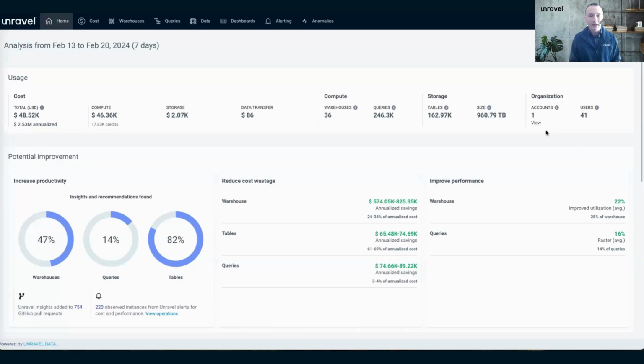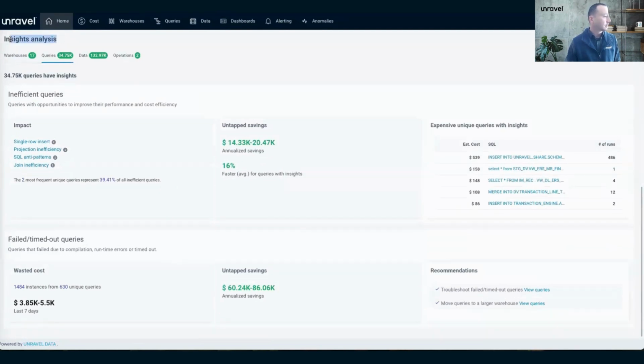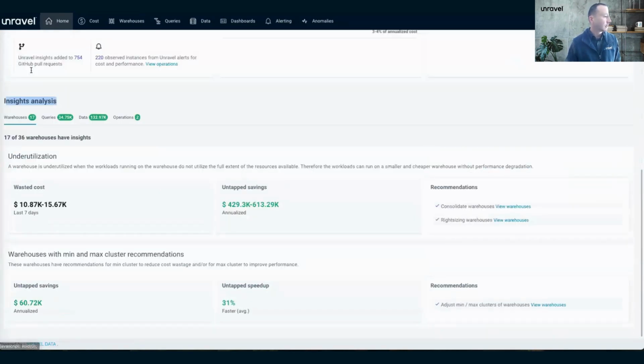Now today we are talking about optimization. So I'm going to scroll down here to this insight analysis section, and I'm actually going to focus us on our warehouses. We have some reporting and dashboarding here around warehouse-specific insights.